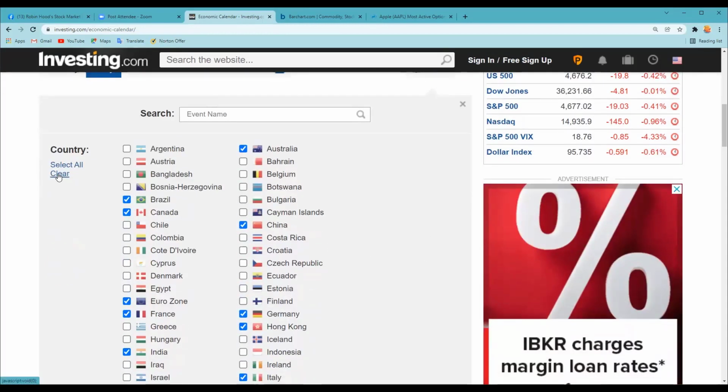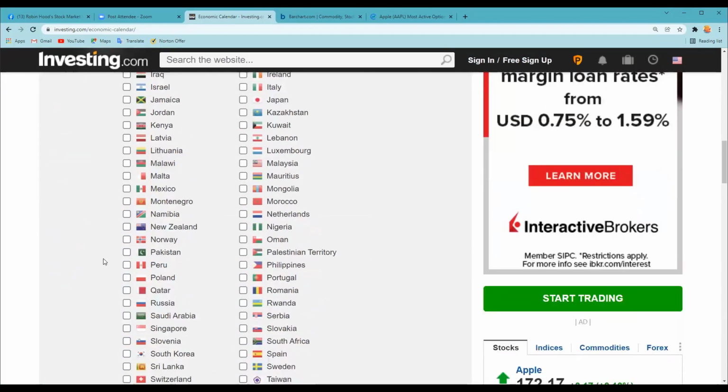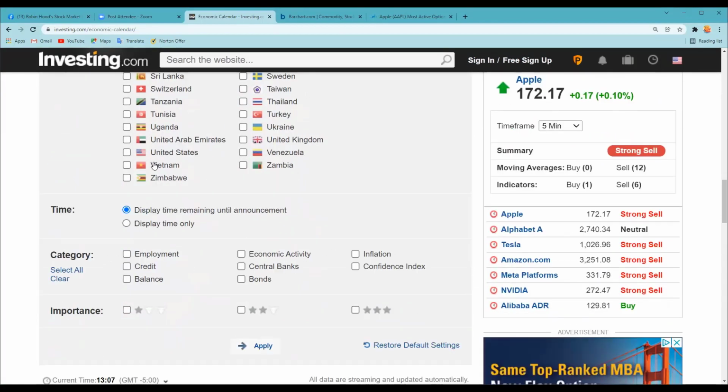Once we're there, we want to click on clear, because we want to clear everything. There are only two things that we need to see. The first is the United States, and then under importance, we have 1 star, 2 stars, and 3 stars. We want to put a check mark under 3 stars because we're requesting everything that will have the biggest impact on the United States stock market system.